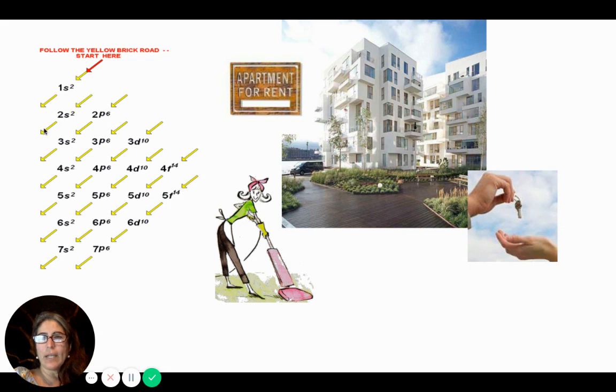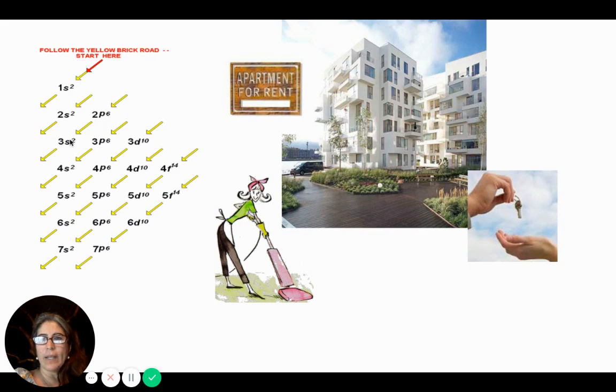So that's why they go in these energy levels. So you open the second room. If you run out of rooms and you still have more electrons, then you open the next level. You open the 2p, which will be on the second level, but now those apartments will have 3 rooms, enough space for 6 people, and so on and so forth.